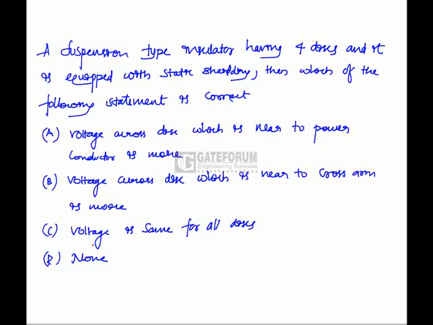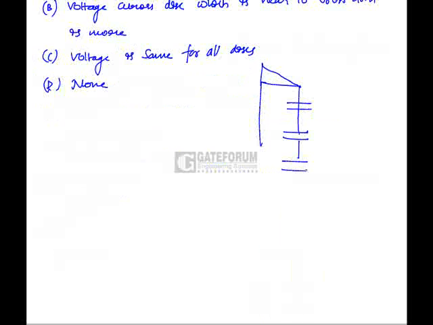Type insulators having 4 discs and equipped with the static shielding method. Which of the following statements is correct? Let us take this as a tower with 4 discs, capacitor 1, that is disc 1, disc 2, disc 3 and disc 4.